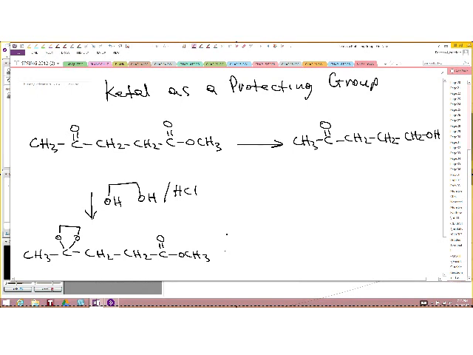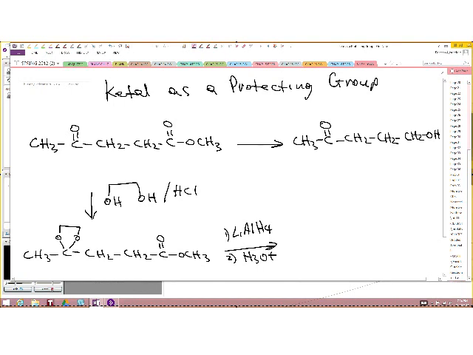Now you perform lithium aluminum hydride reaction, and then you follow it up with dilute acid. Okay? Now guess what happens? You reduce your ester to the primary alcohol, and then you're going to open up the ketal back to the ketone because of the dilute acid at the end.